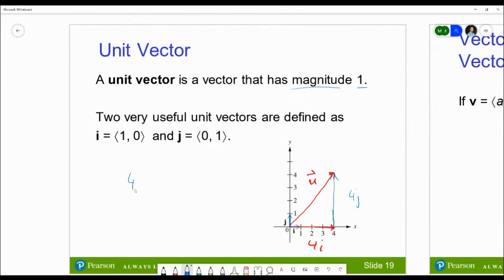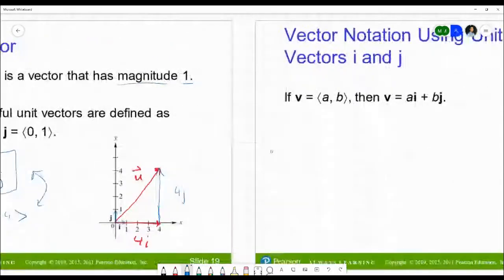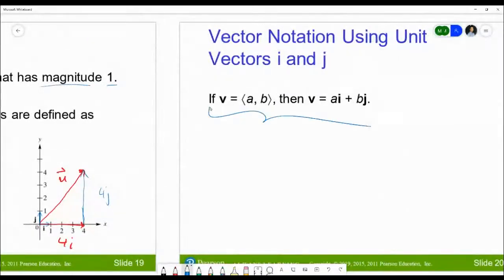So 4i plus 4j is the definition of vector u. This is just another way of writing vector u as 4, 4. These two mean the same thing. This is called unit vector form, and this is called the standard form that we use for vectors. You can see that I just demonstrated why this equals this.